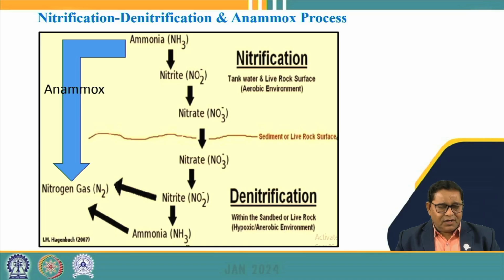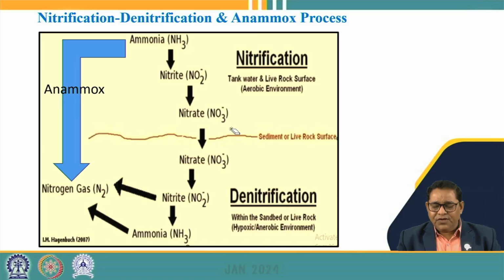If ammoniacal nitrogen is there, it will get oxidized to nitrite, and this nitrite, using Nitrosomonas bacteria, is then converted to nitrate. This conversion of ammonia into nitrite and then nitrate is called the nitrification process, and it is used as an aerobic treatment process for removal of ammoniacal nitrogen.